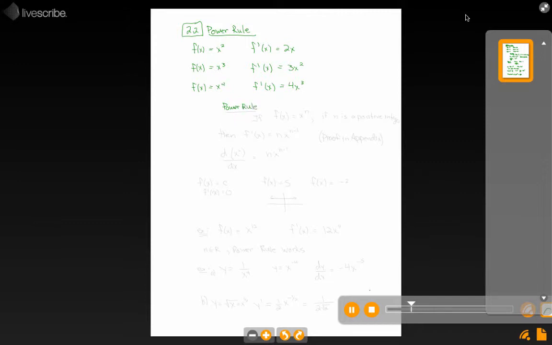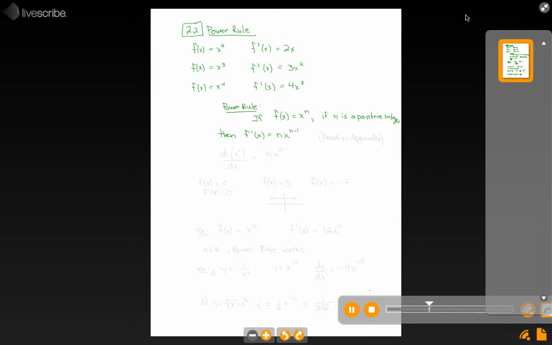The power rule states that if you've got a function in this format, f(x) = xⁿ, and for now we're going to stick with positive integers, meaning n is a whole number, no decimals, no fractions, then f'(x) is going to be: bring the number out front and reduce your exponent by 1.